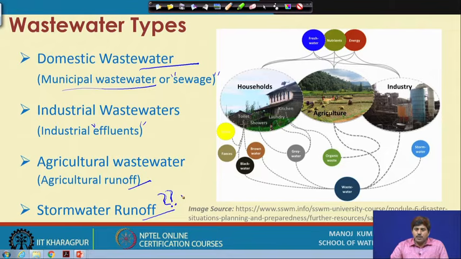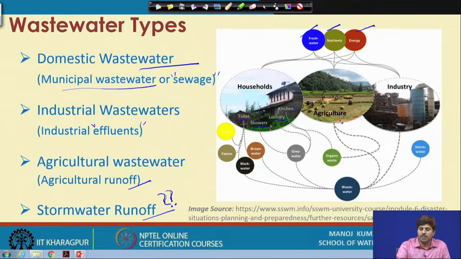Now, if you look at our social structure, or our development structure, we get fresh water, nutrients, various resources and energy from nature. We take fresh materials and fresh water from nature, then utilize them for different purposes. In households we use it for toilets, showers, laundry, kitchens.